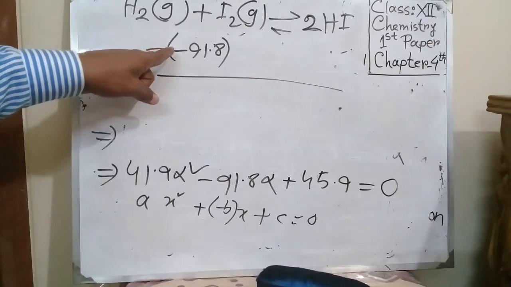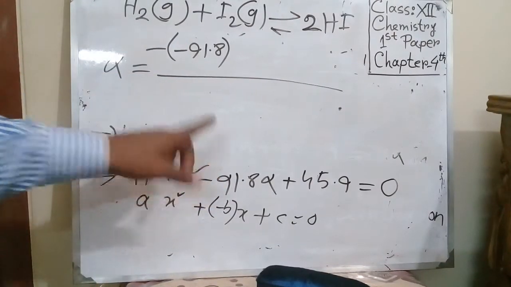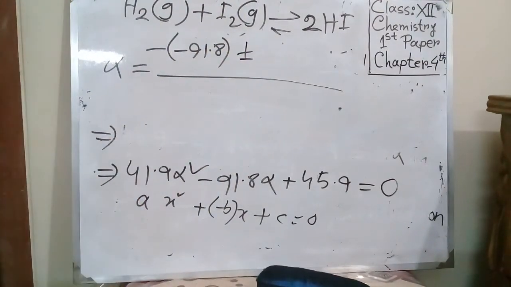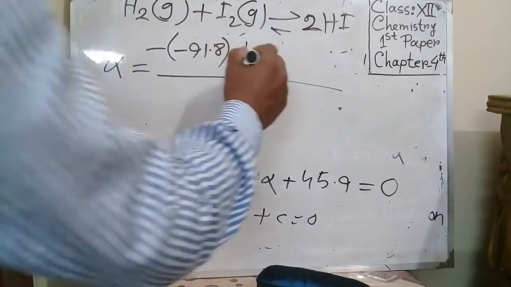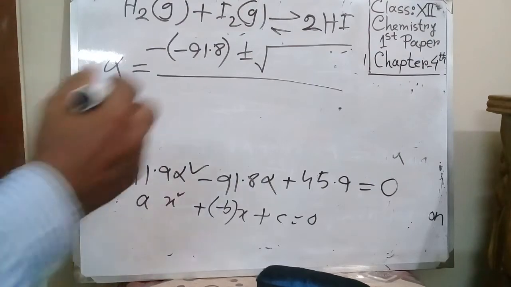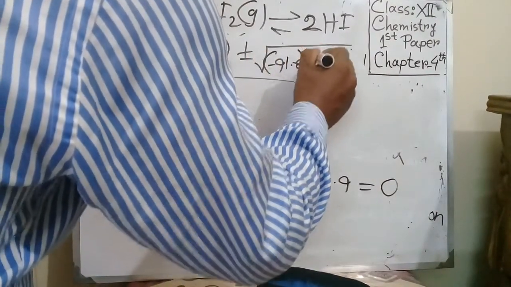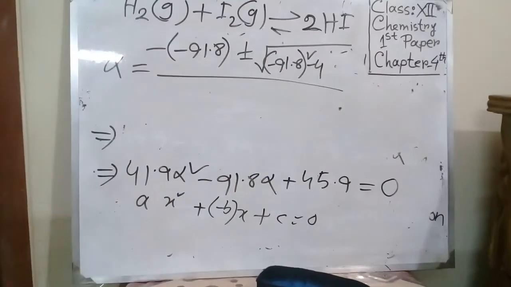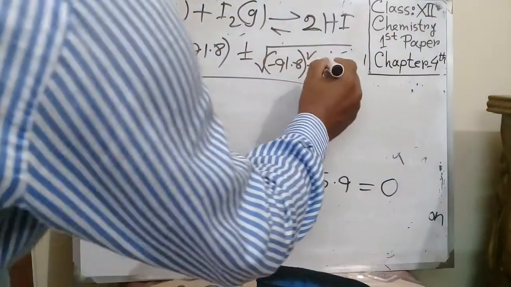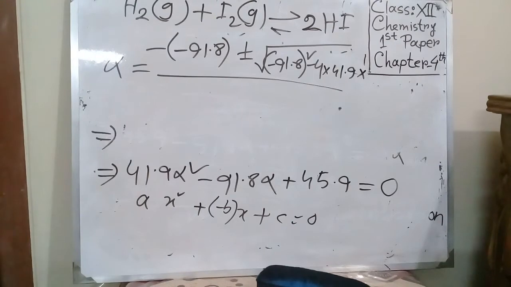So I have written here alpha equal to minus b plus minus root over b square minus 4ac. B square, what is b here? Minus b plus minus, b is minus 91.8. So minus 91.8 squared, minus 4 into 41.9 into 4ac.